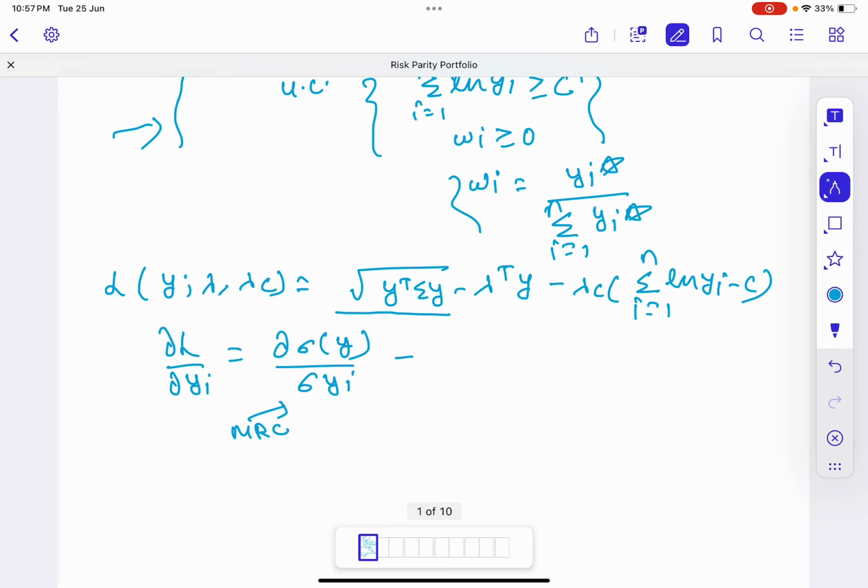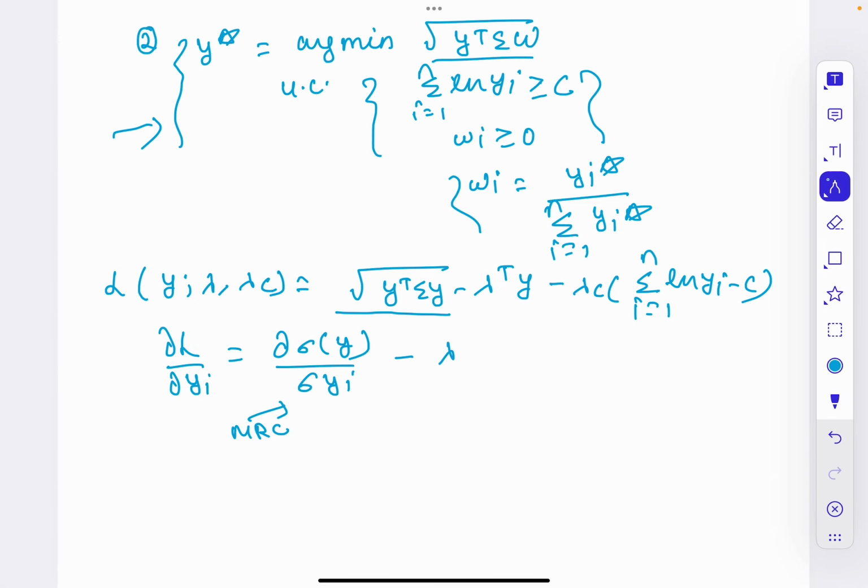If you differentiate with respect to y4, all other terms would remain 0, right? Only that one term would correspond to this term, and all other terms would be 0. Similarly here you would be getting lambda c yi to the power minus 1, right? And let us equate it to 0.